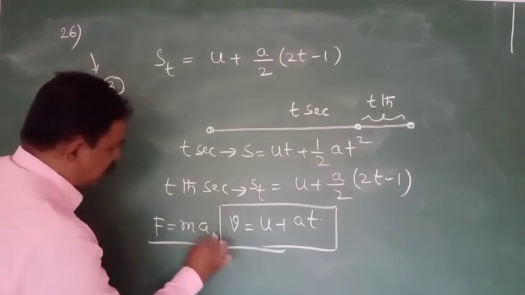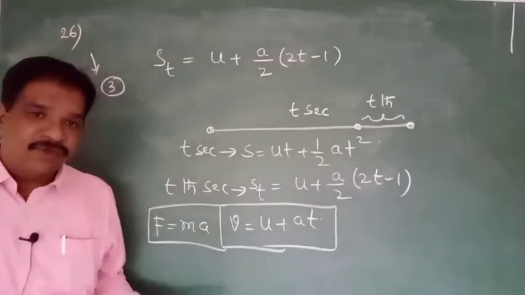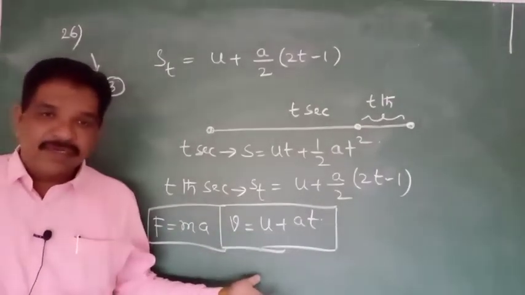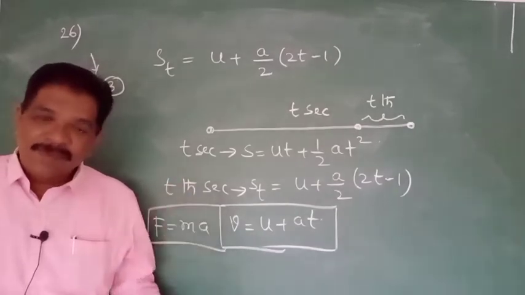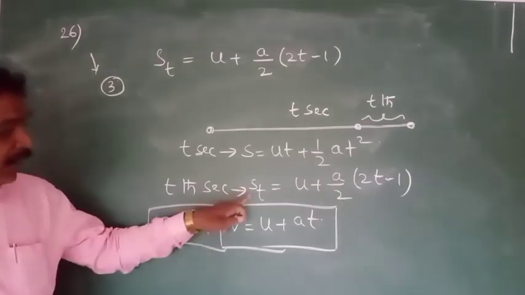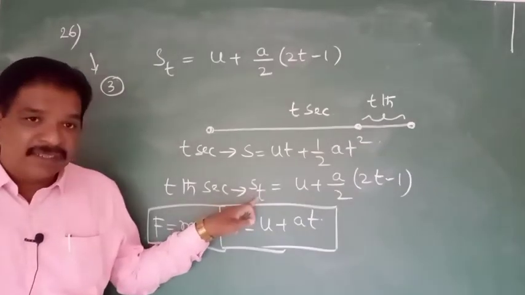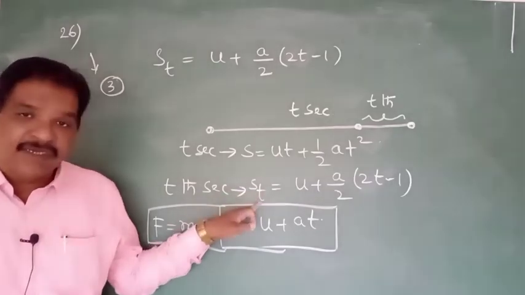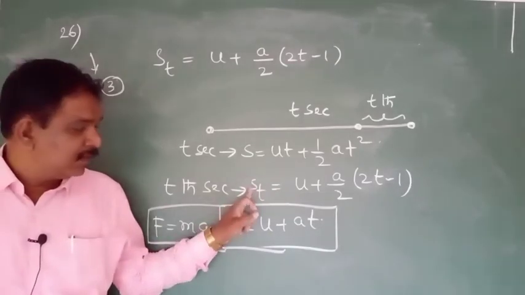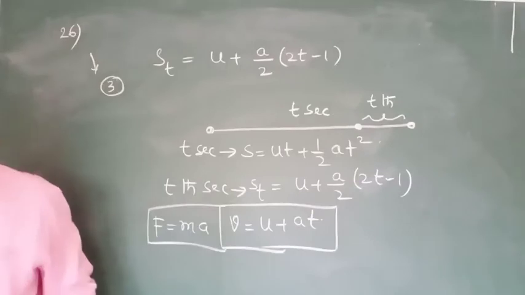If such a formula is dimensionally correct or numerically correct, both are correct. When we take it as a formula, it will be numerically and dimensionally correct. Here St is the displacement in the tth second, so displacement by time will give velocity. This is velocity, this is velocity. A into t means again velocity.